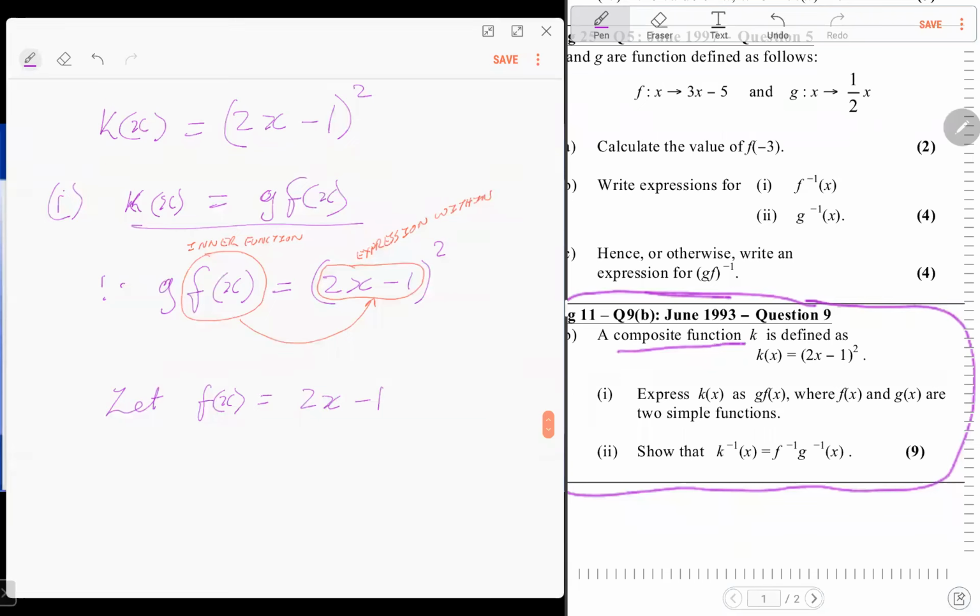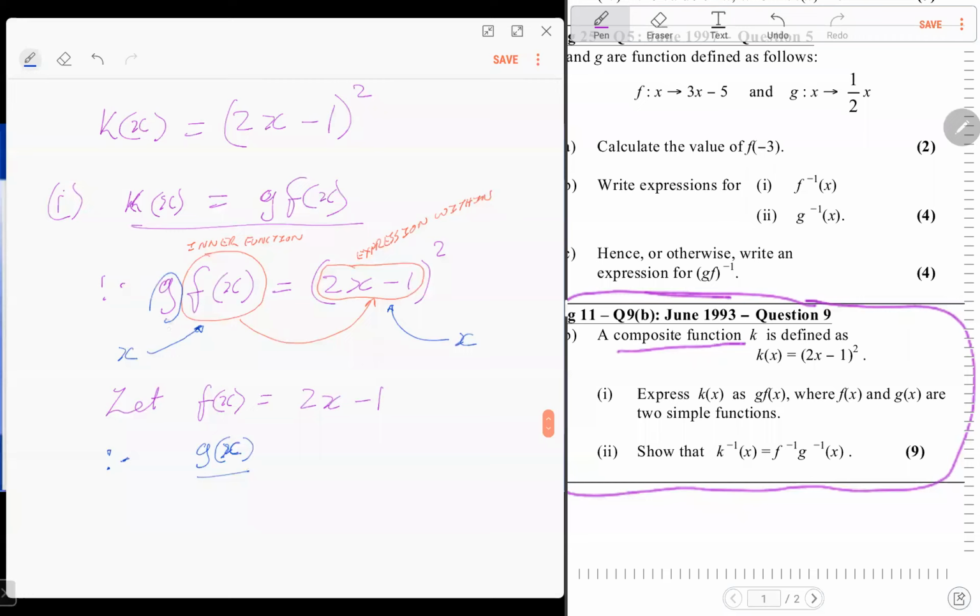And what we'll do next, let's use a different color for what we'll do next. Then you replace the inner function with x, and also replace the expression within with x. That's what you do next. And that's going to leave you with your outer function. So we can say, therefore, I'm going to leave it in blue now. Therefore, g of x, if I replace right here with x, I'm left with g of x.